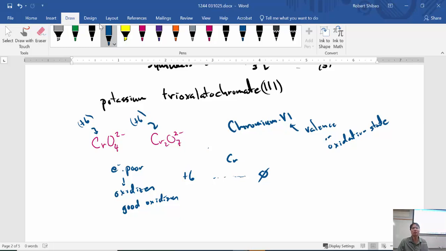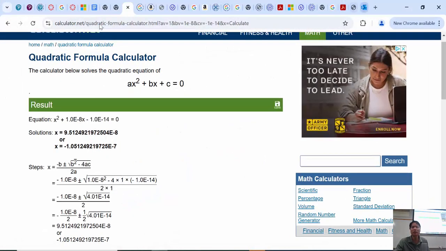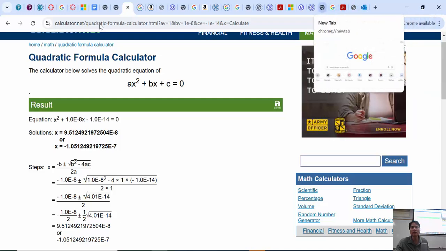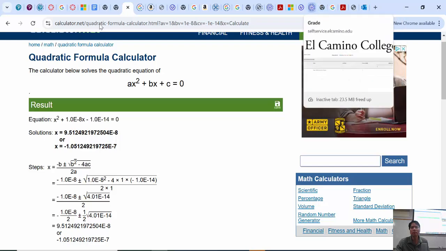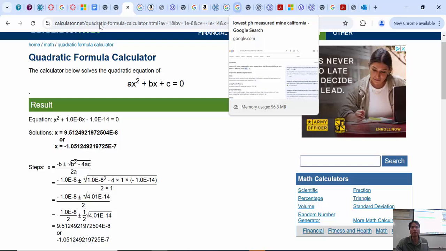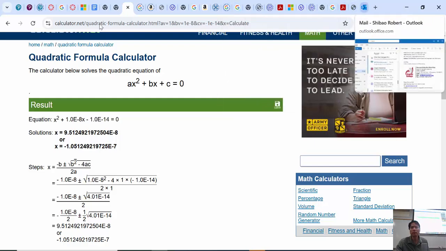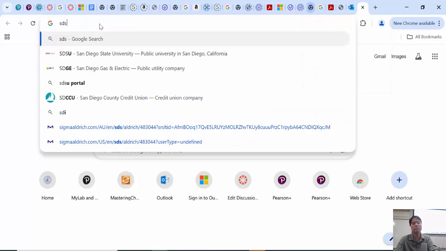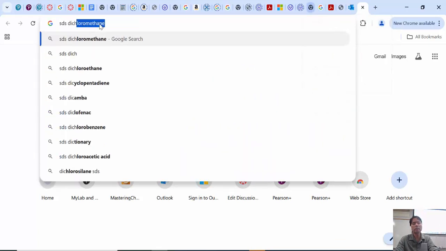What if you don't know? Then we can look up some data on this. For example, we can look up data on dichromate. What did I do with my dichromate? Must have closed it. Or chromate.